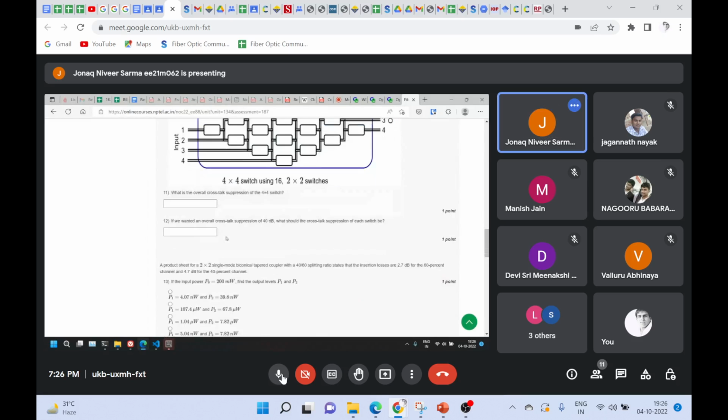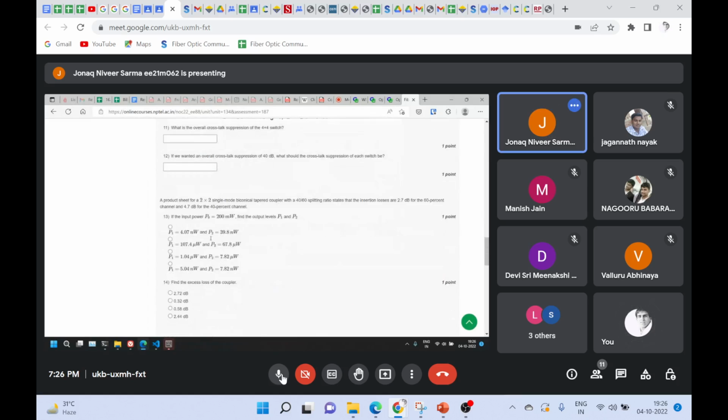And here you just use the powers, no? Instead of 2 cross 2, you consider it as 1 cross 2 or something, ignoring the other 4.